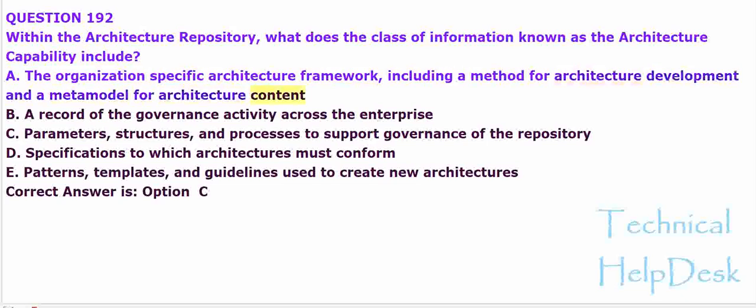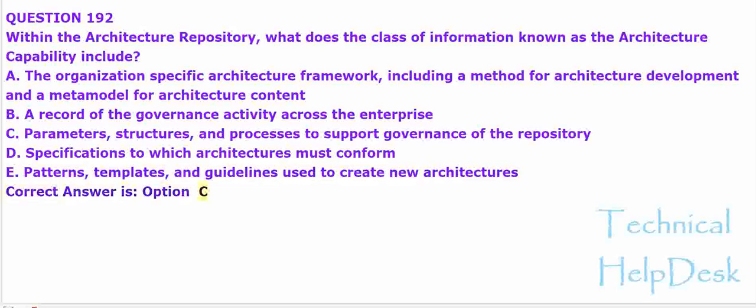B. A record of the governance activity across the enterprise. C. Parameters, structures, and processes to support governance of the repository. D. Specifications to which architectures must conform. E. Patterns, templates, and guidelines used to create new architectures. Correct answer is option C.